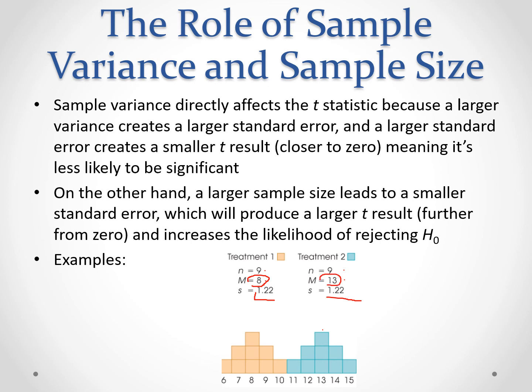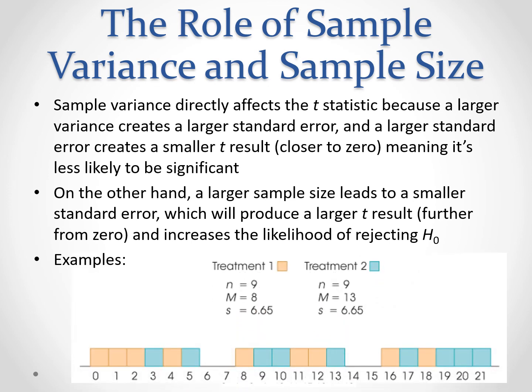Now let me erase the ink. In the next example, the means are the same. I have a mean of 8 and a mean of 13. And my sample sizes are the same. And my standard deviations are the same for each group, just like they were before. But my standard deviations are really large.